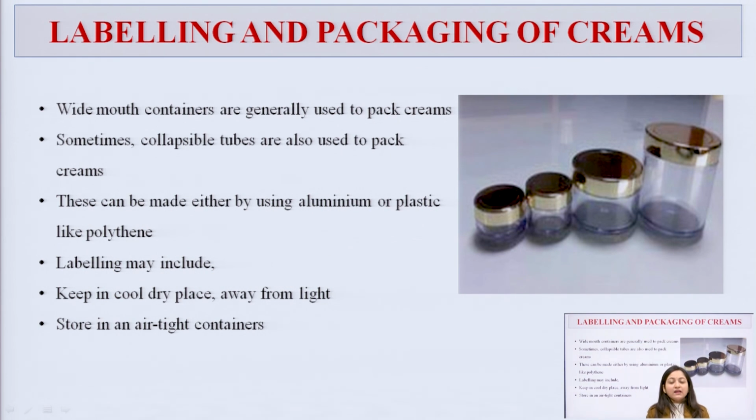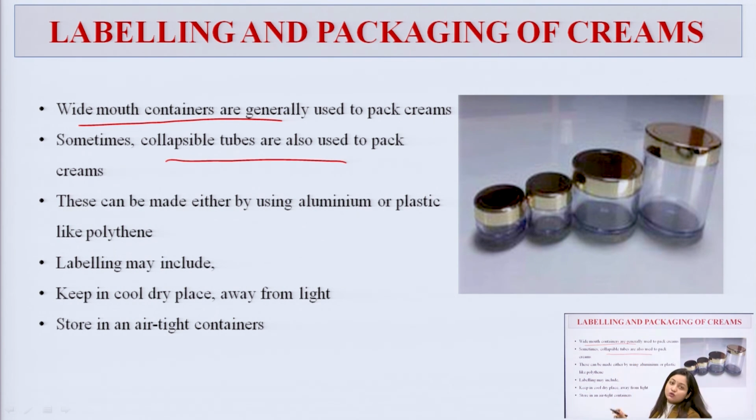Now we have prepared ointment, understood the types of bases, and understood the method of preparation of creams. We are going to understand how these creams are manufactured and eventually packed. Usually creams are packed in wide mouth containers, because the removing capacity of the cream is enhanced to a greater extent.